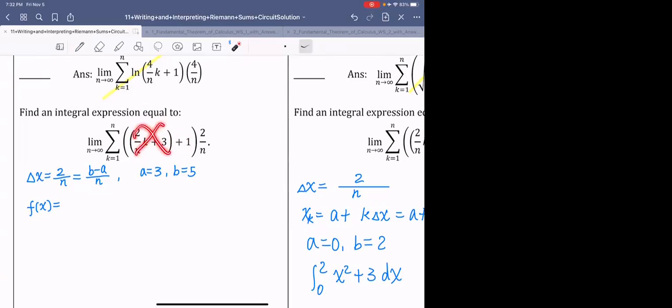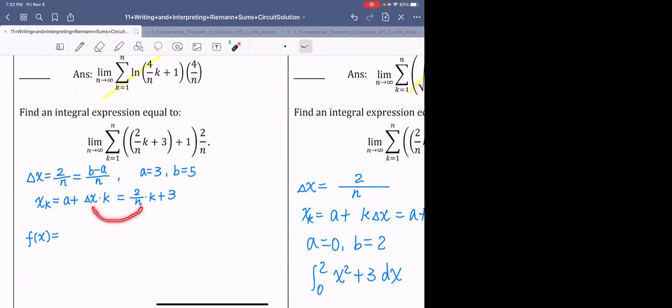So x plus 1. Does this make sense? Yeah. Let me write down one more step for you, okay? Xk equals to a plus delta x times k, or you can say 2 over n times k plus 3.